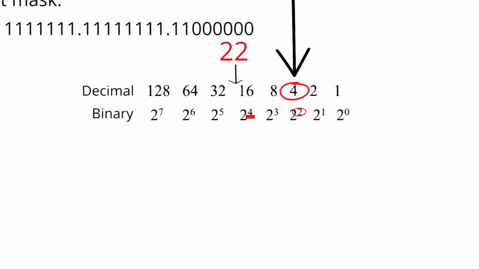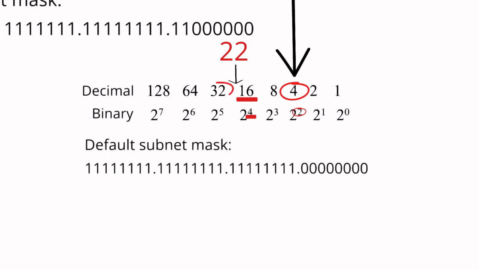So if we were to borrow 4 bits, it would only allow for 16 subnets, max. So in the case of a corporation, they would need up to 32, which is 1, 2, 3, 4, 5 bits. For our much smaller school network, we only need 4 subnets, so we just borrow 2 bits.